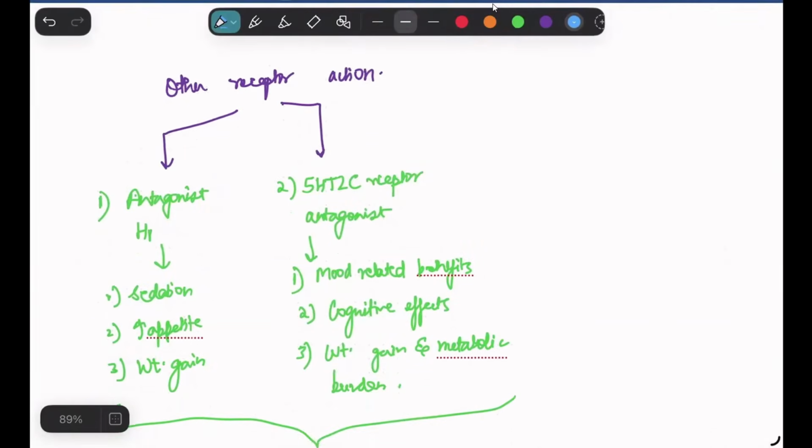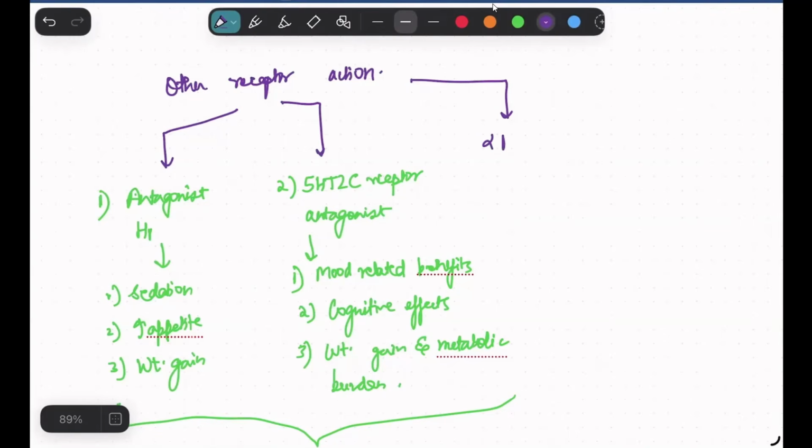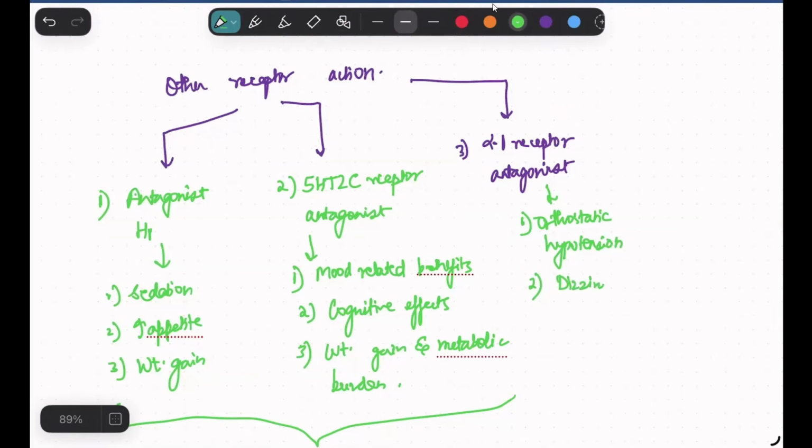Now coming to the other receptor action, the other receptor is alpha 1 receptor antagonist. What happens by alpha 1 receptor antagonism? First important thing is orthostatic hypotension. Due to orthostatic hypotension, the patient can feel dizziness. Again, because of the low BP, the patient can have syncope.